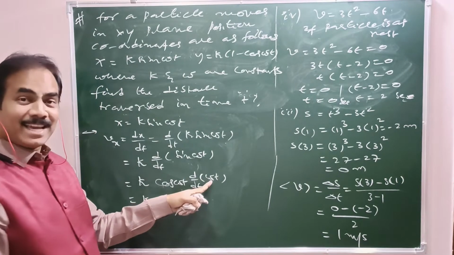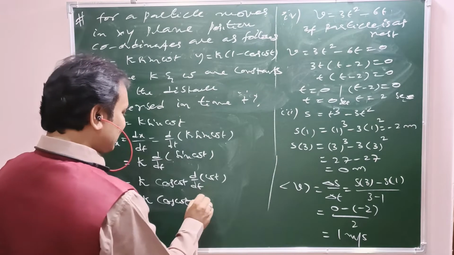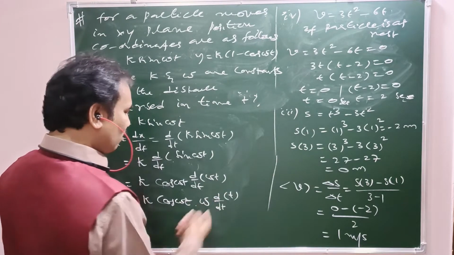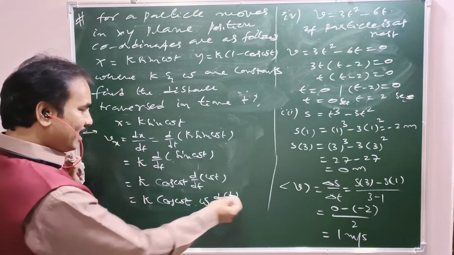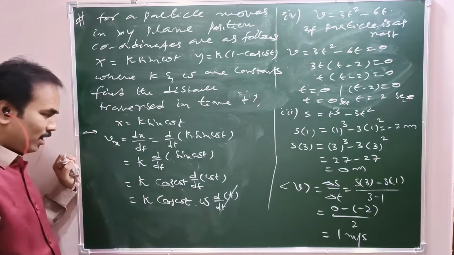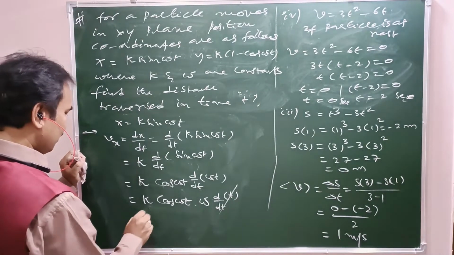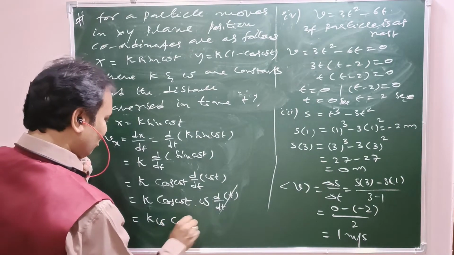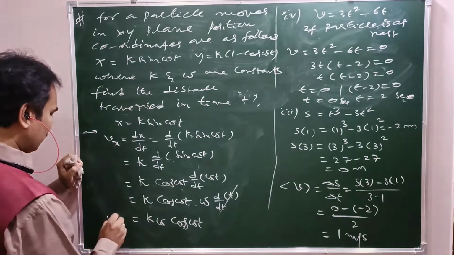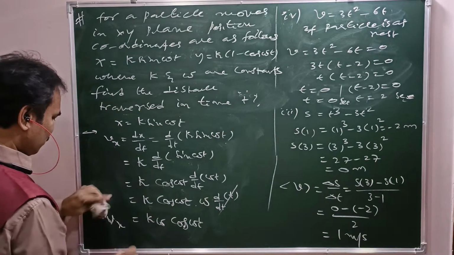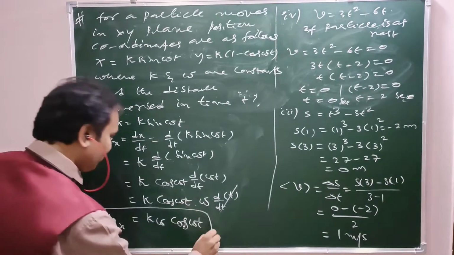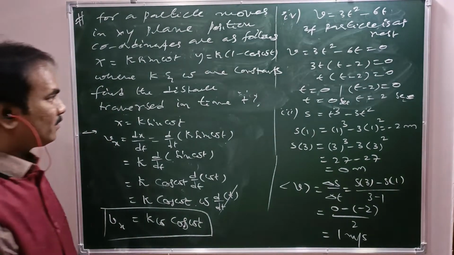Omega is once again constant, so omega is kept outside, again d by dt of t. So d by dt of t means dt by dt cancels, we are left with 1, that is k into omega, k omega cos omega t. This is what Vx is, right? This is the x component of velocity, right?